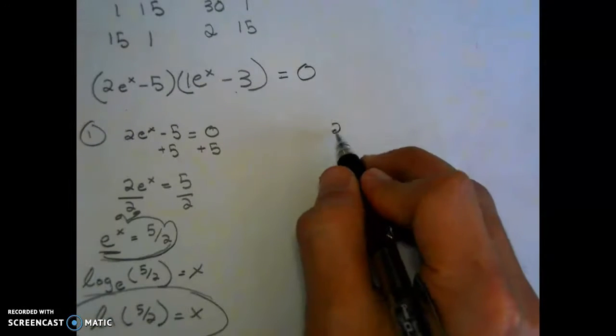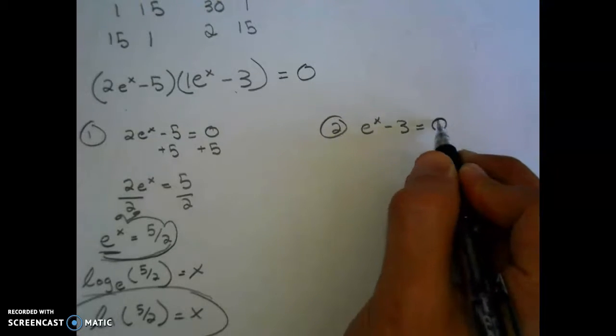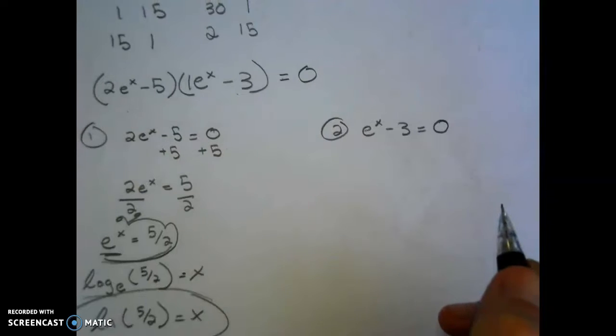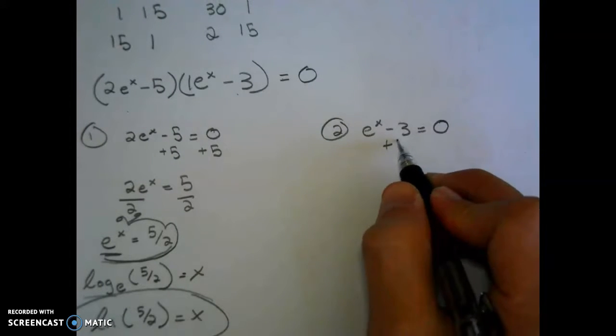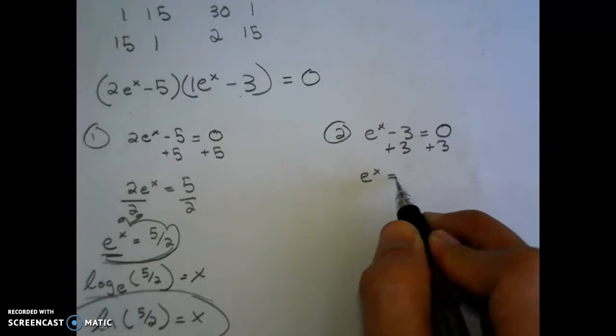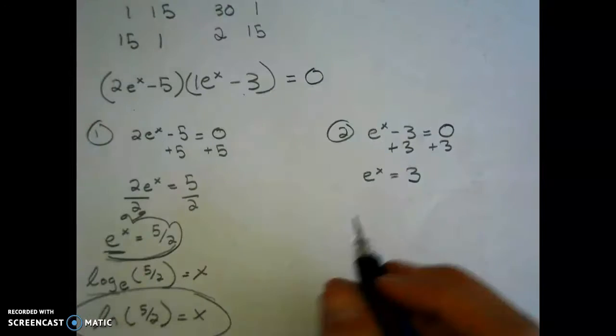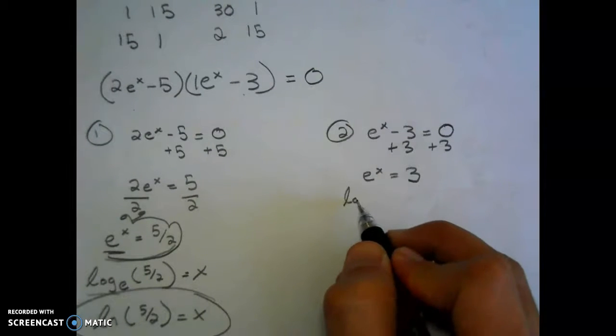Now the second one: e to the x minus 3 is equal to 0. I want to get e to the x by itself, so I add 3 to both sides. We have e to the x is equal to 3. Awesome. Now I can use my log snail just like the last one.